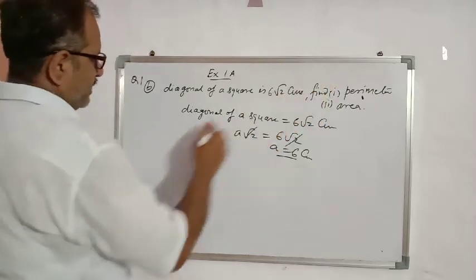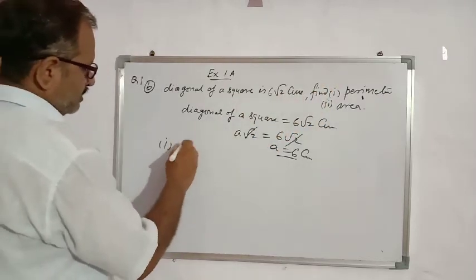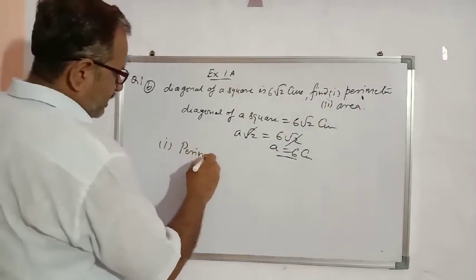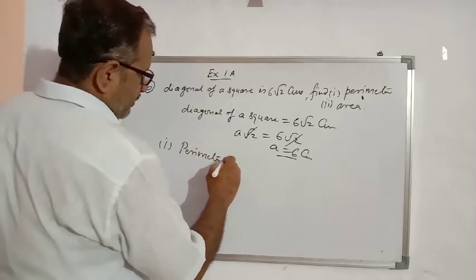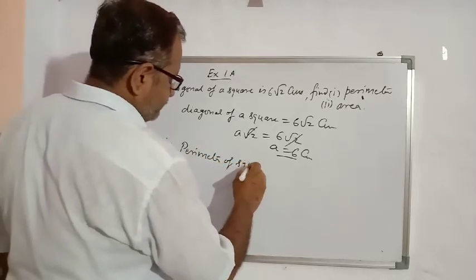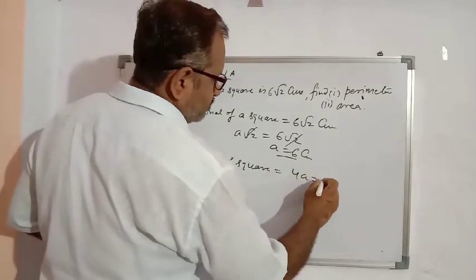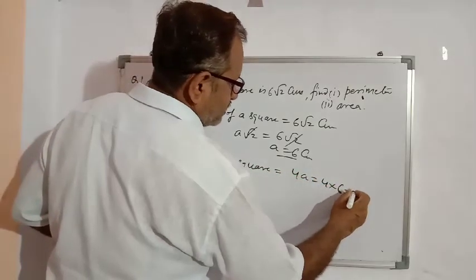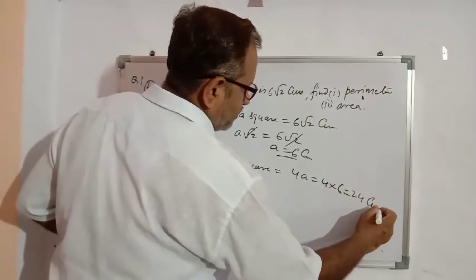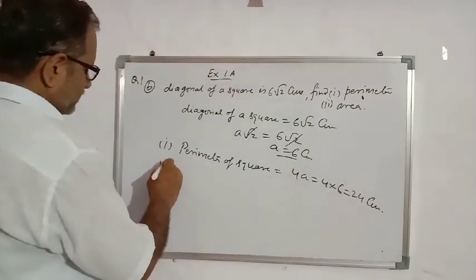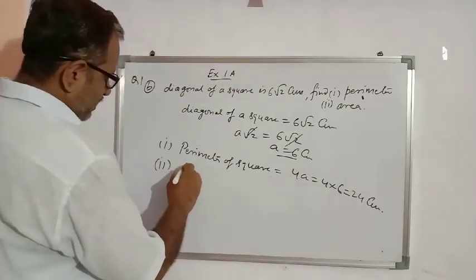So first part, perimeter. Perimeter of square is 4a, 4 into side. So 4 into 6 is 24 centimeter. Second part, area of square.